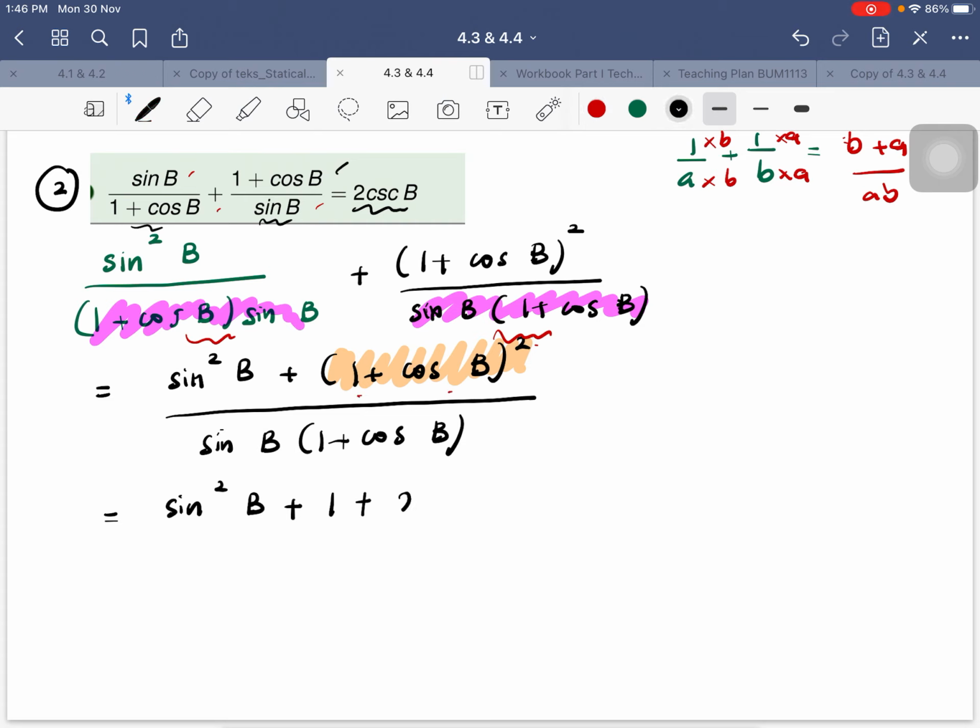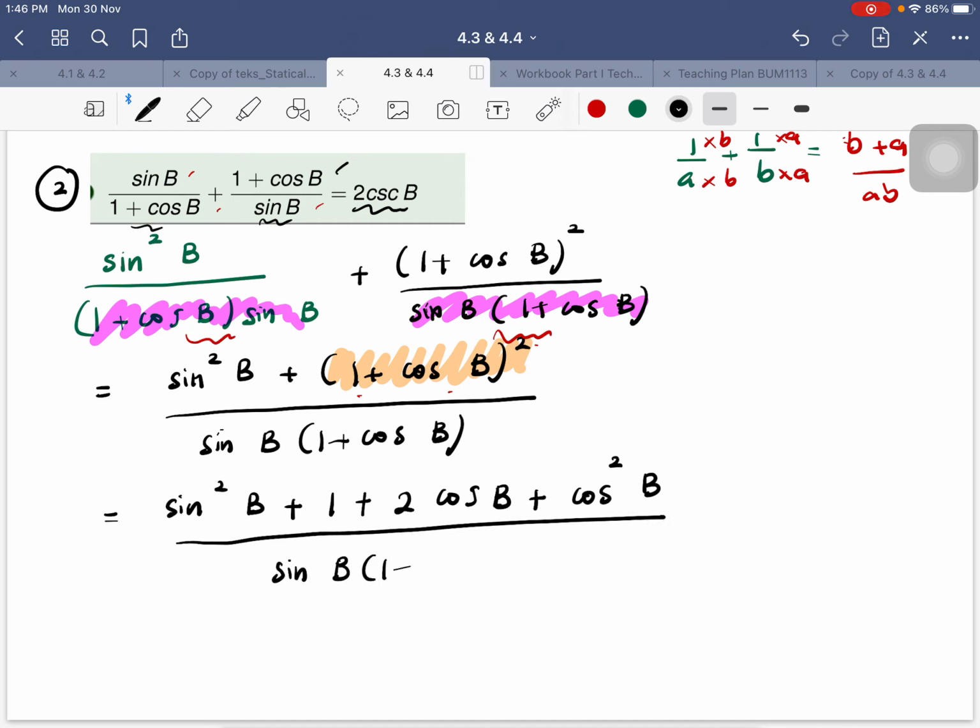So I will end up with 2 multiplied by 1, which is 2, multiplied by cos b. So I'll end up with 2 cos of b. And the last term is going to be cos b squared, which is equivalent to cos square b. And at the bottom, it still remains sine b multiplied by 1 plus cos of b.